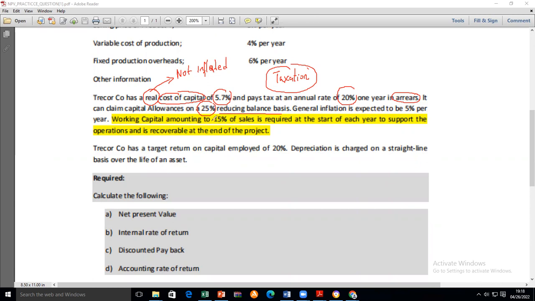Working capital amounting to 15% of sales is required at the start of each year to support the operations and is recoverable at the end. So they have given us enough information on working capital. How to calculate it? The information has been given. And also, what happens at the end of the project? We are told what should happen to the working capital.